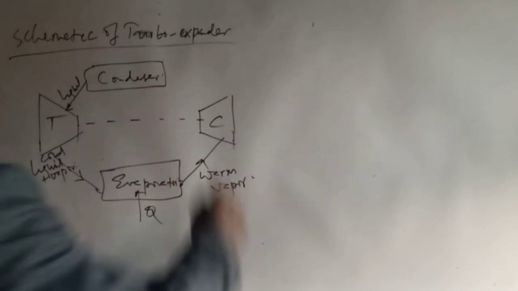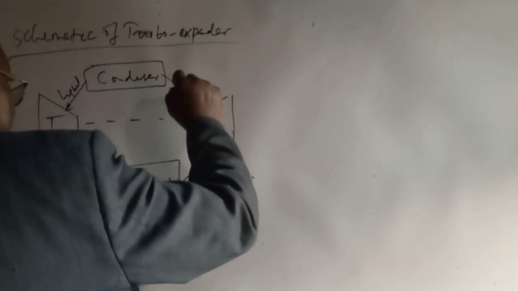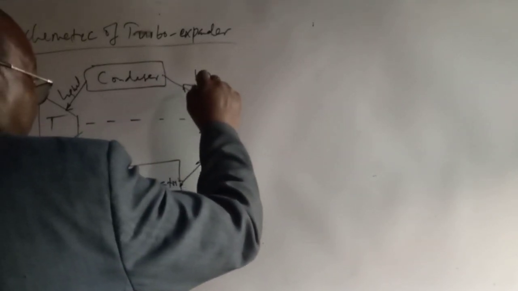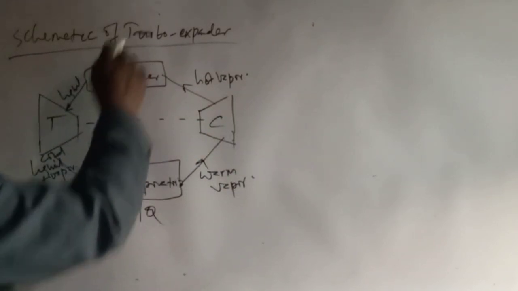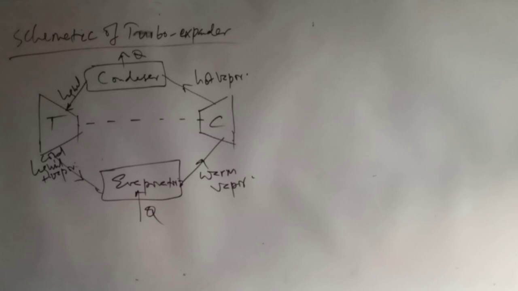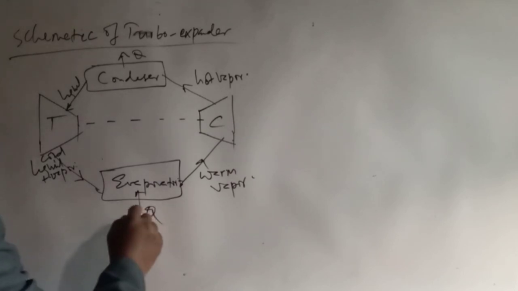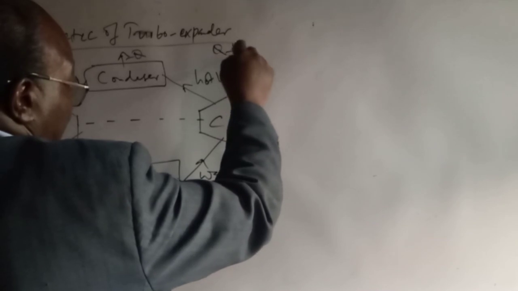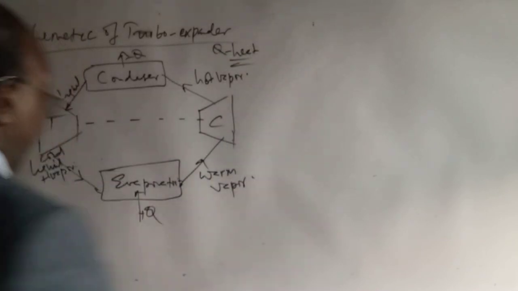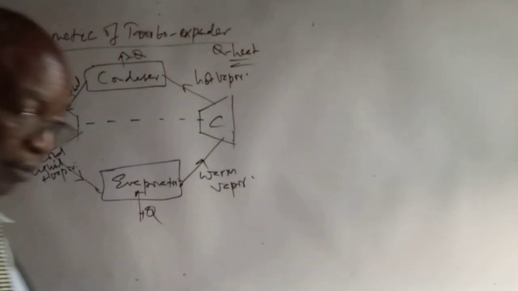On the compressor, it will be hot vapor. And of course, the condenser will lose some of the heat. So let's say plus, minus heat, Q is heat, remember? That's just a schematic of a turbo expander.